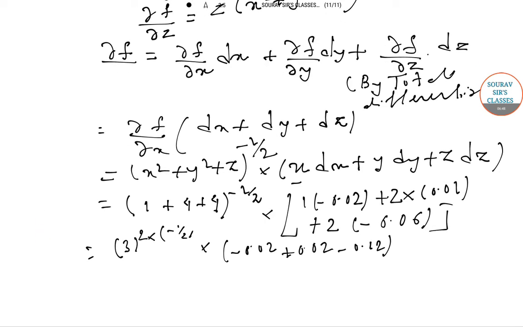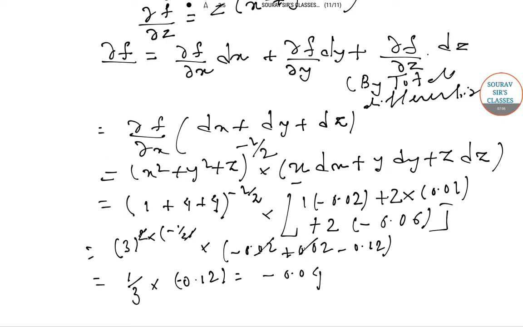So now you just cancel this. This becomes 1 by 3 into minus 0.12, that becomes minus 0.04.